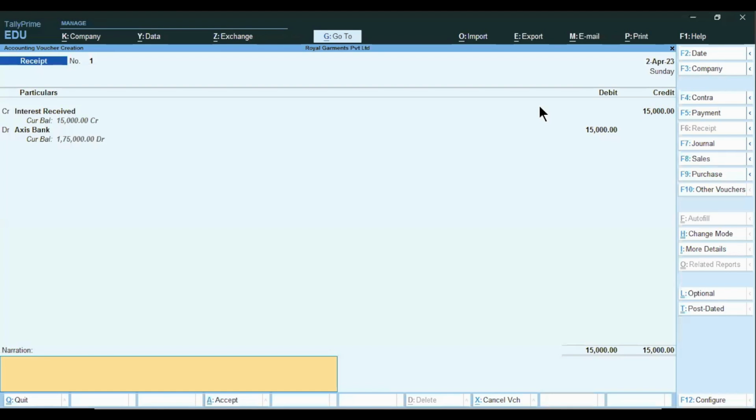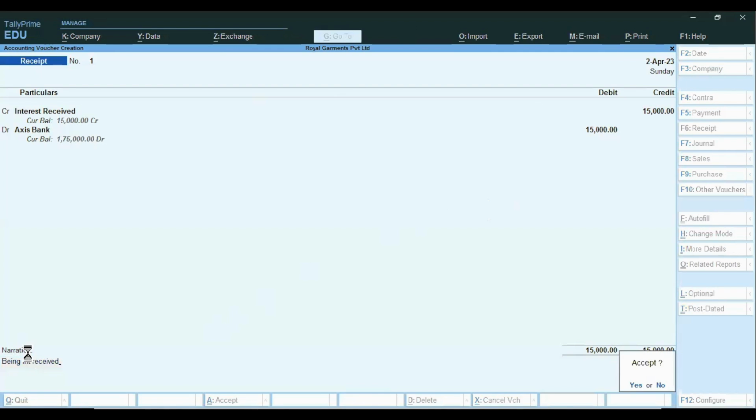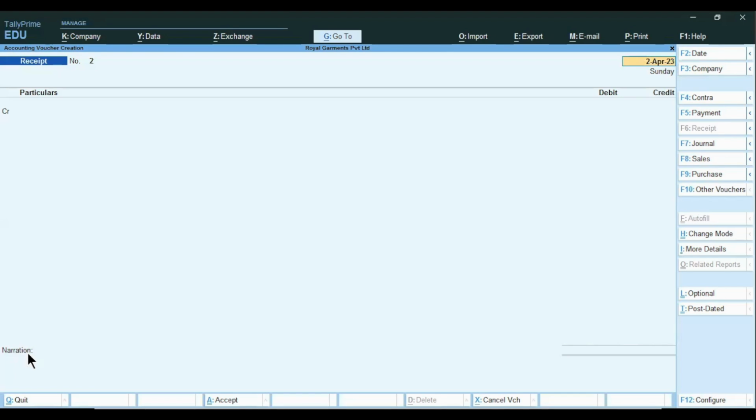Enter. Then we will come out of that screen and it asks for the narration, which will be interest received. So narration should always be given. Enter. Accept. Yes, this is how we can enter the receipt transaction.